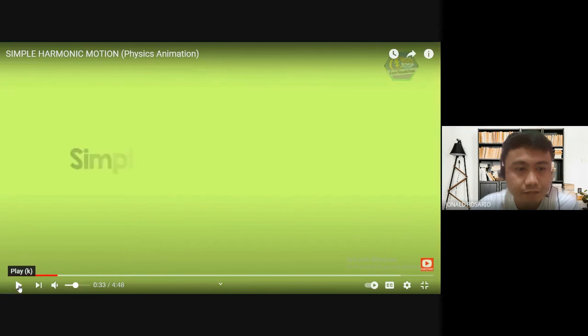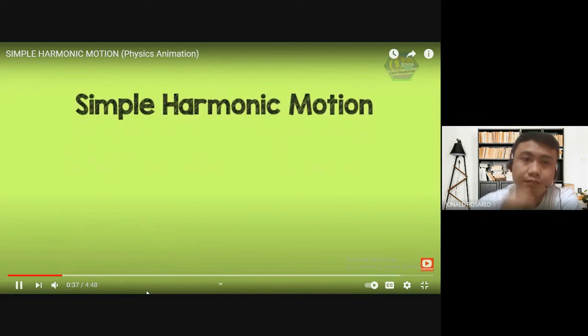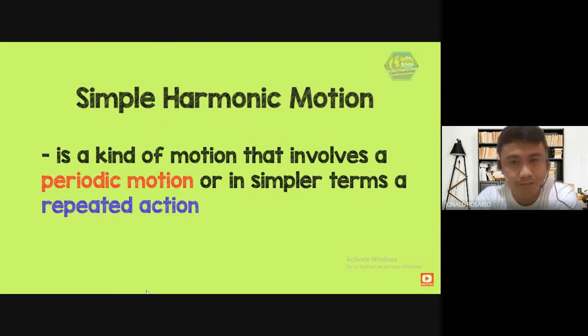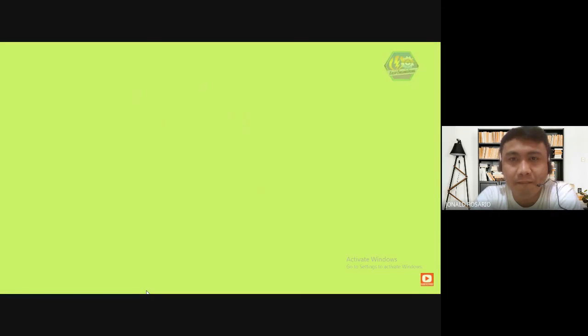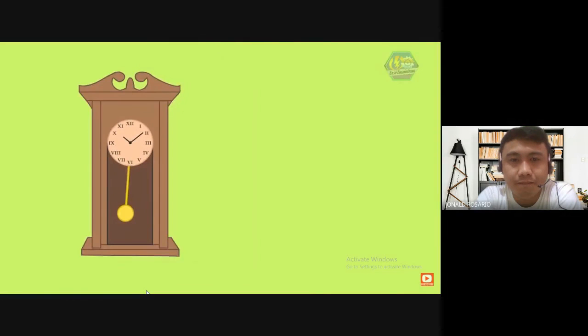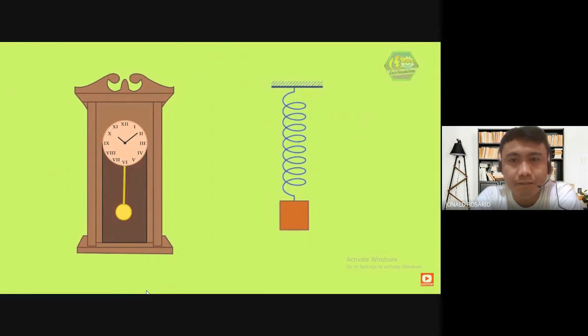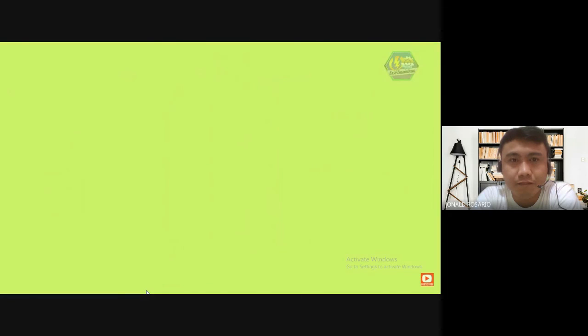Simple harmonic motion. Simple harmonic motion is a kind of motion that involves periodic motion, or in simpler terms, a repeated action. Examples of this kind of motion are the motion of a pendulum or the vibration of a spring. So the best way to describe simple harmonic motion is through this example. Suppose you have a ball attached to a horizontal spring lying on a table.